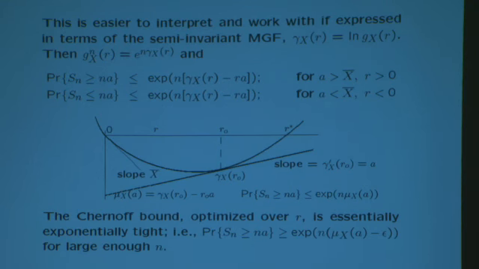The probability that S_n is greater than or equal to n a is bounded by e to the n times gamma_X of r minus r a. Gamma is the logarithm of the moment generating function. The logarithm of the moment generating function is always called the semi-invariant moment generating function. The name is again because people were originally interested in the moment generating properties of these random variables.